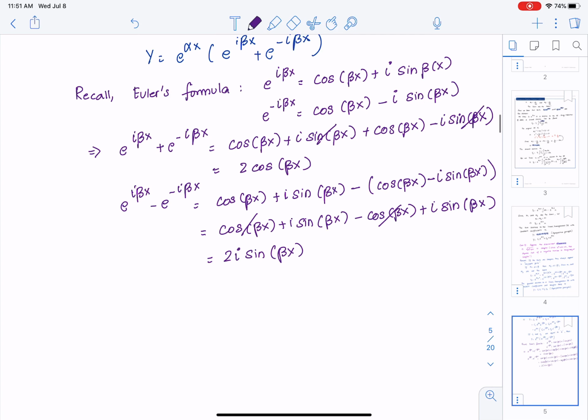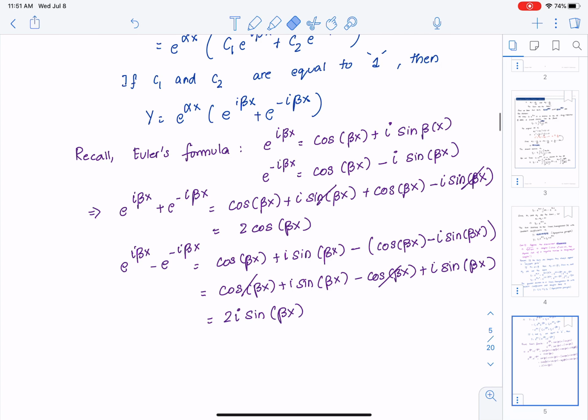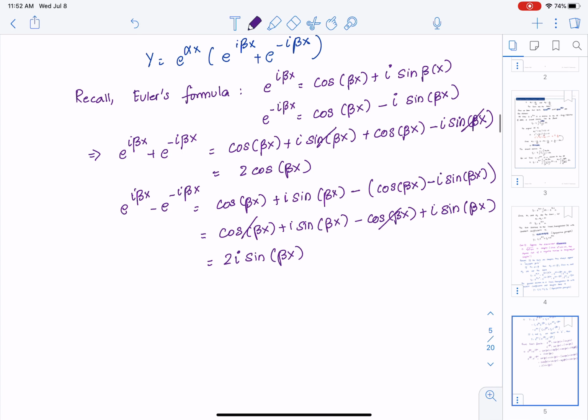Why did I find this? Well, going back here, e raised i beta x plus e raised negative i beta x is equal to 2 cosine beta x.